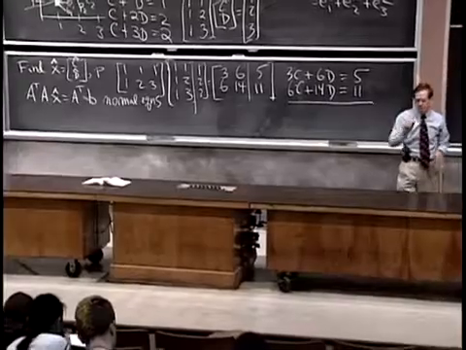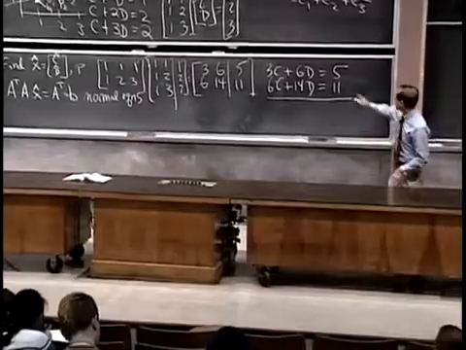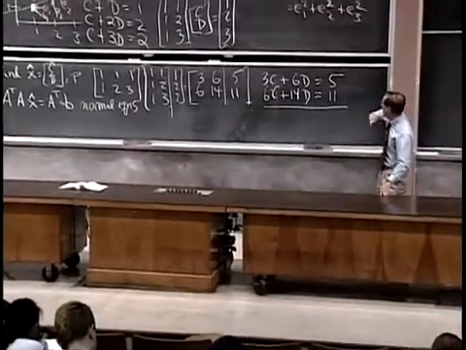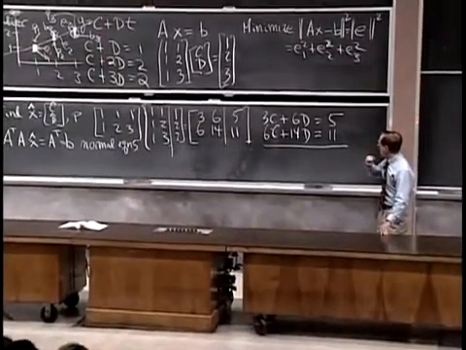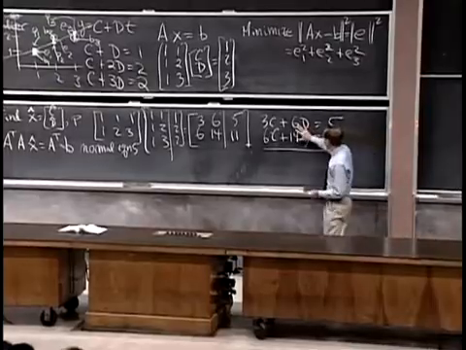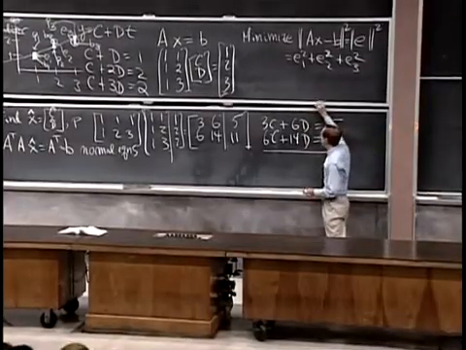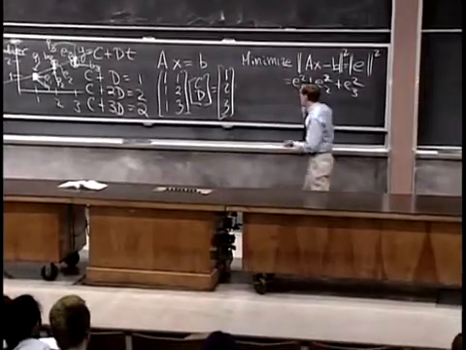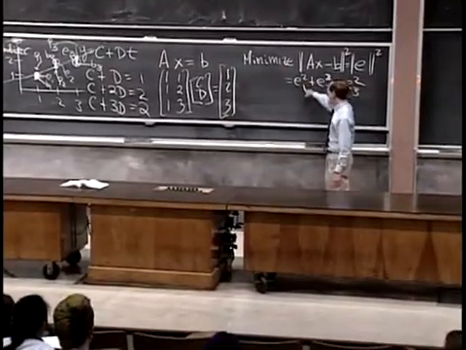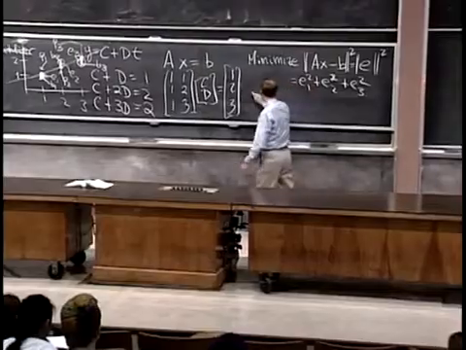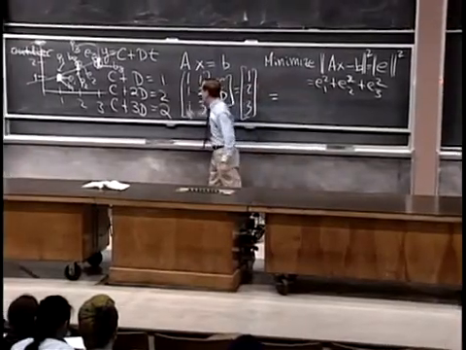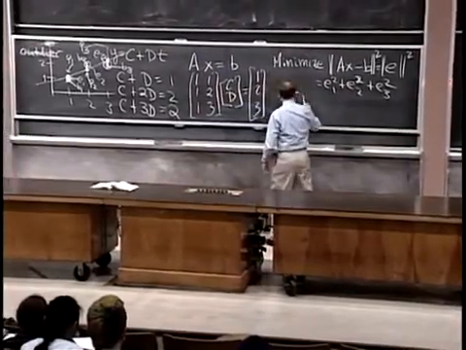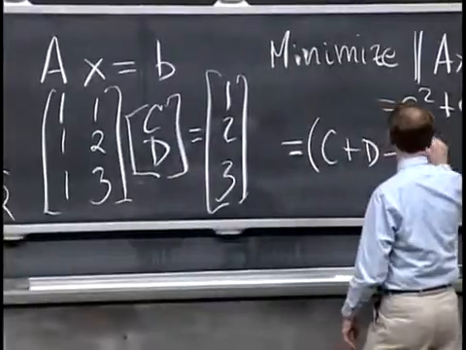Before I solve them, could I do one thing that's just above here? I'd like to find these equations from calculus, from this minimizing thing. So what's the first error? The first error is what I missed by in the first equation: C plus D minus 1, squared.